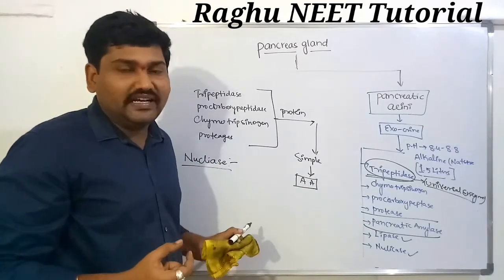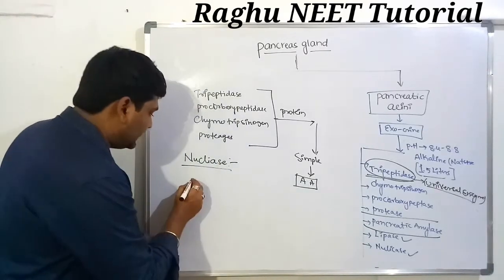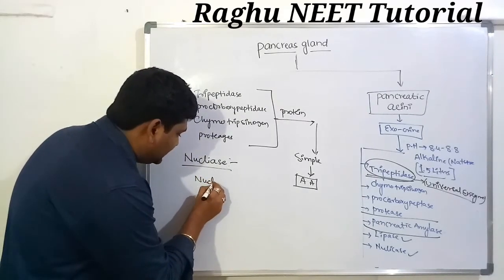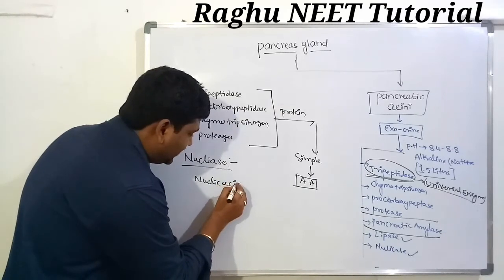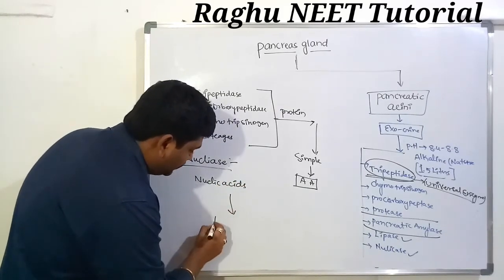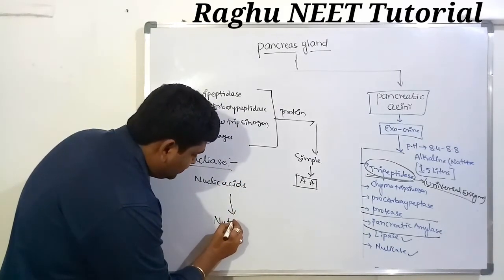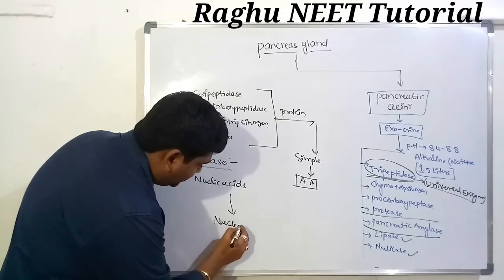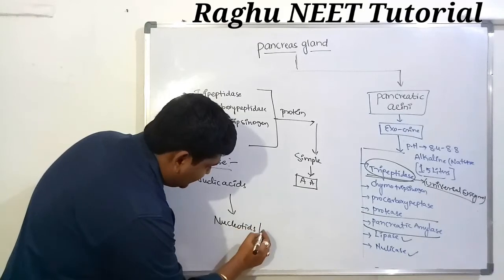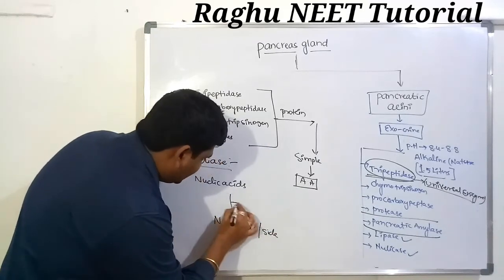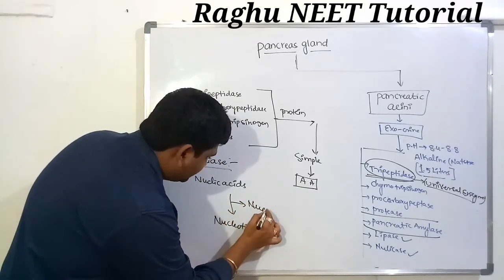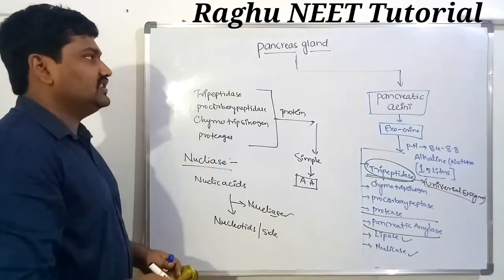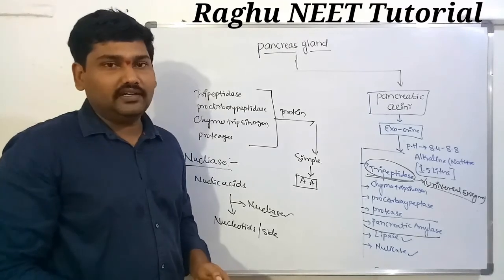The nucleases act on nucleic acids and convert them into nucleotides and nucleosides. The presence of nuclease. So this is the information about the pancreatic glands.